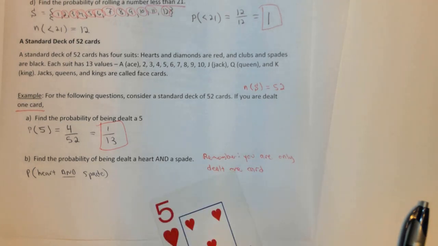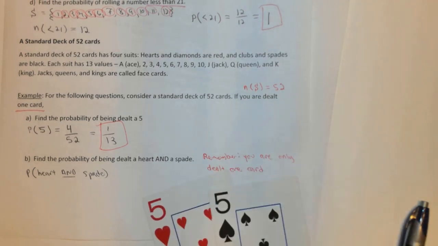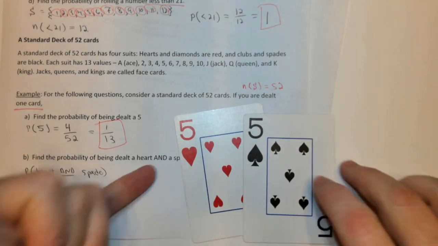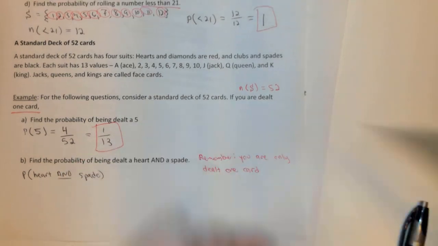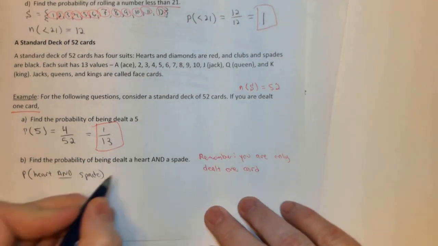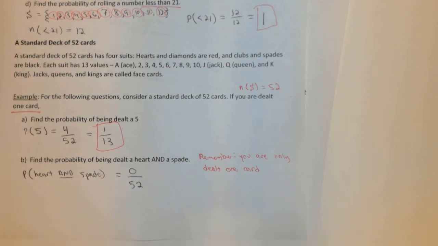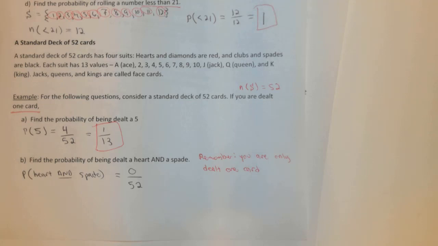So there's an example of a heart, and there's an example of a spade. You should notice that there's no possible way a card could be both a heart and a spade. So it's kind of a trick question. So 0 over 52, what is 0 over 52? Believe it or not, some students will say that is undefined.